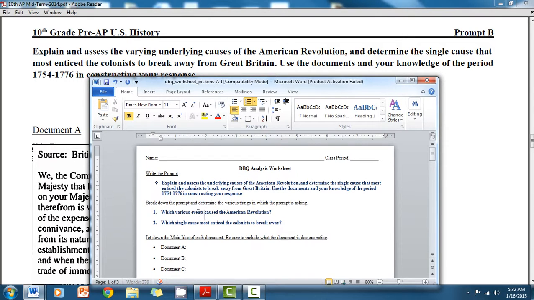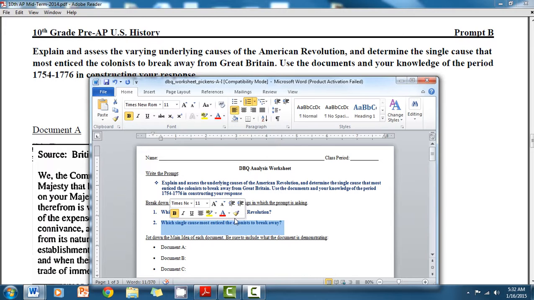There are various events that caused the revolution, and that's with all global conflicts, or most wars. It's not just one event, it's a series of events. And the second part, we have to make a judgment here, the single cause that most enticed the colonists. This is not fact.